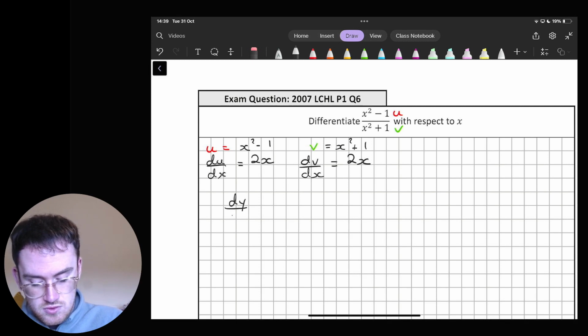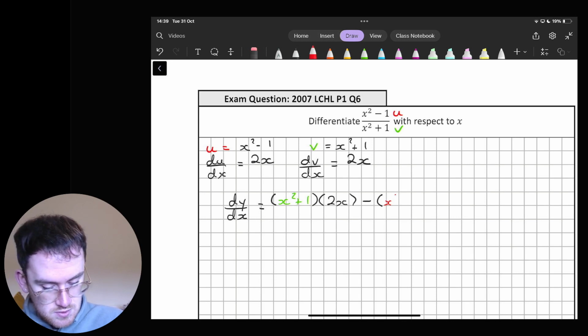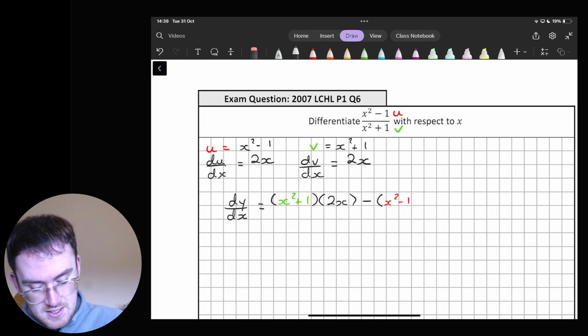Applying my rule here, for dy dx we start with v as before in my formula. It starts with x squared plus 1 times du dx, which is 2x, minus u, which is x squared minus 1, times dv dx, which is my 2x here, and it's all over v squared, which is x squared plus 1 squared.